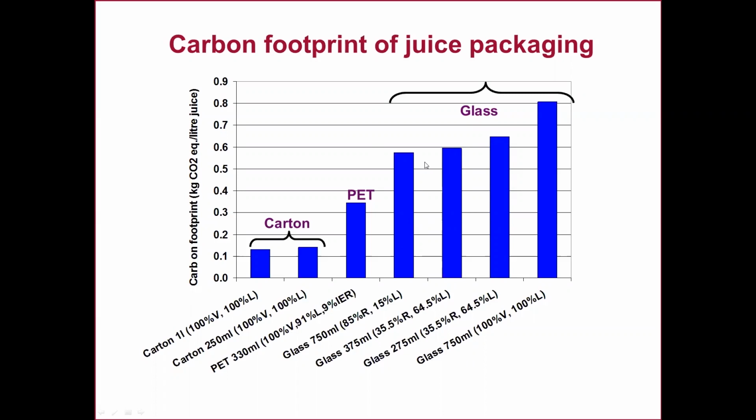If it is recycled, then the impact is lower. But if it is made from virgin glass and disposed of directly in a landfill, then it could have a higher impact. So it depends on the type of material as well as how it is made, whether it is made of recycled content, and how it is disposed of, whether it is reused, recycled or landfilled, which could influence the overall impact.